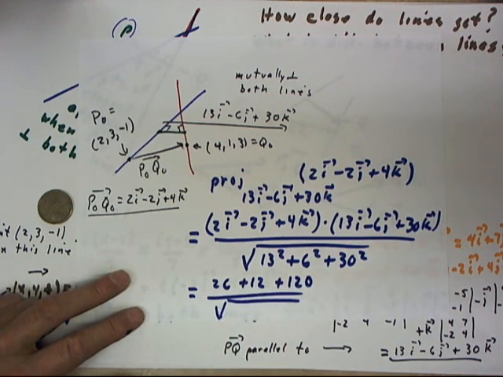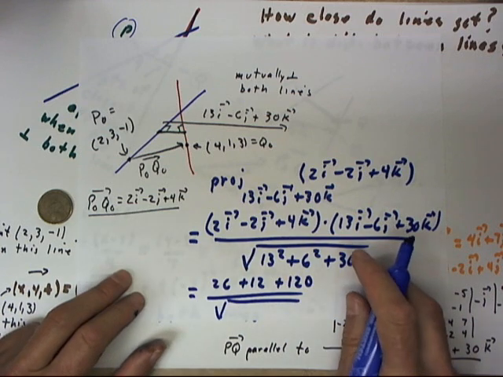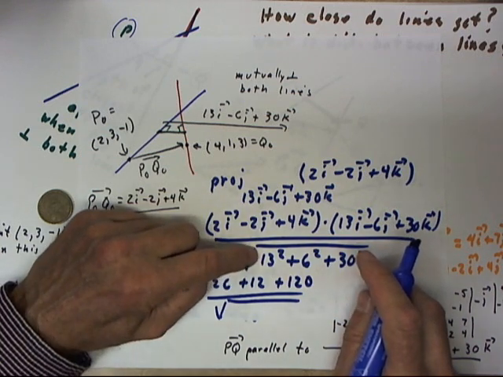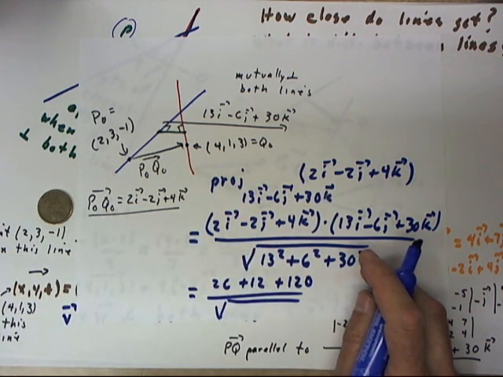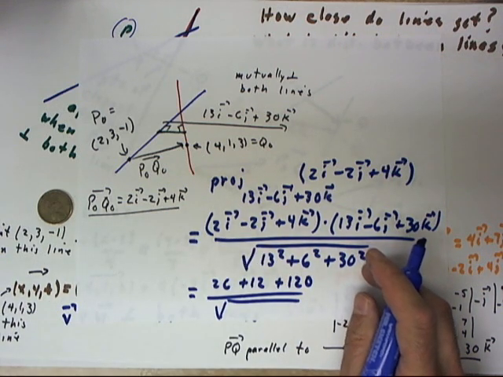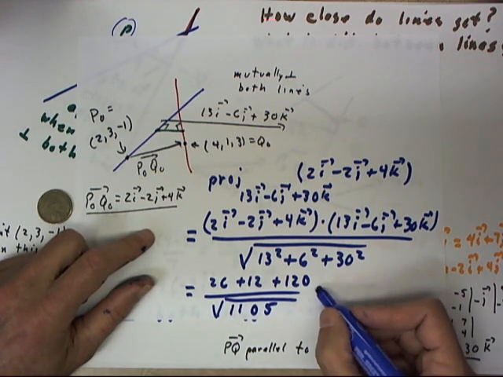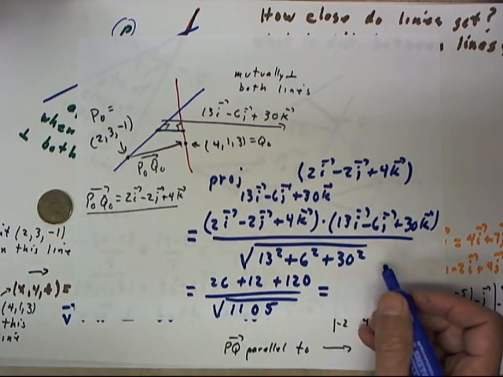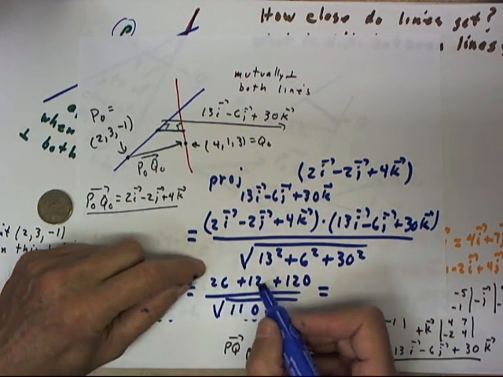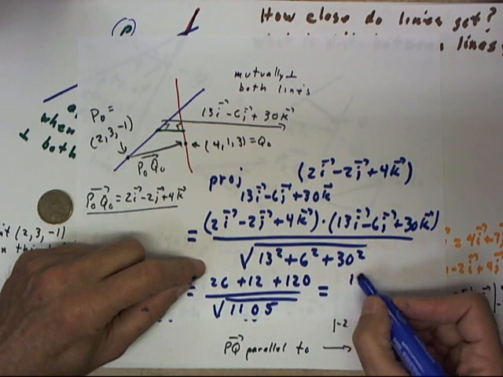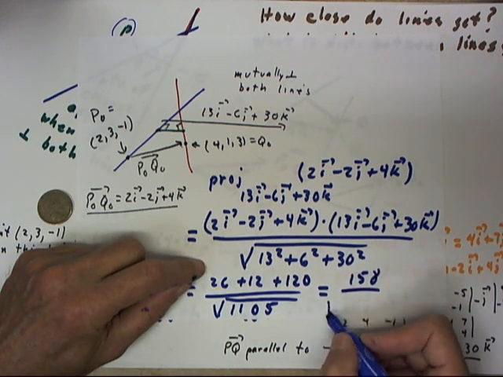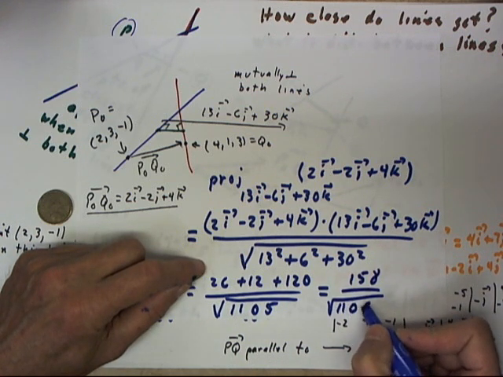Dividing that by the square root of what we get here. 30 squared is 900, 13 squared is 169, so that's 1069, and if we add 36, I think we get 1105. So that, adding these up, we get 38 and 120 is 158 over the square root of 1105.